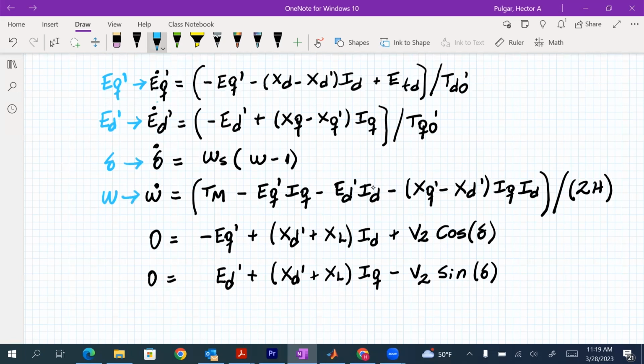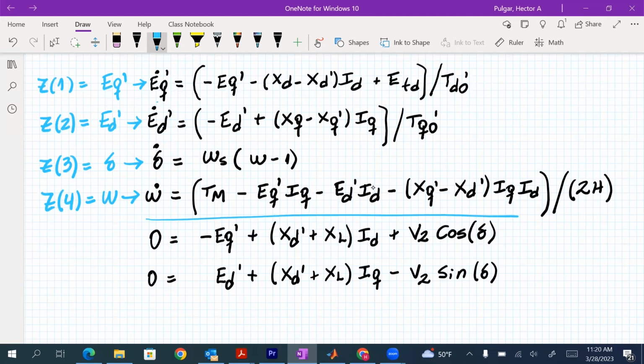So when we look at the vector z, this vector has the variables of our system: z1 will correspond to EQ prime, z2 ED prime, z3 delta, and z4 omega.